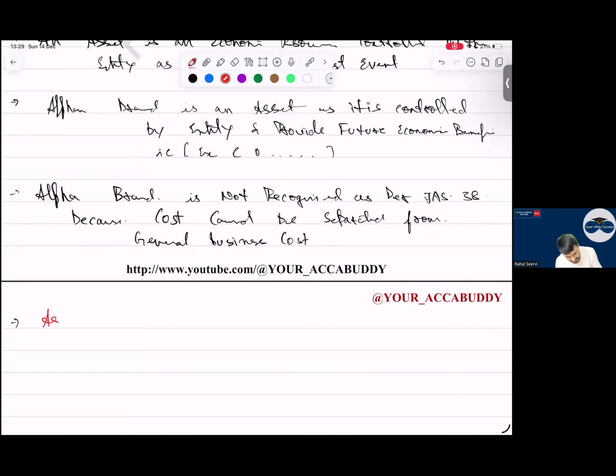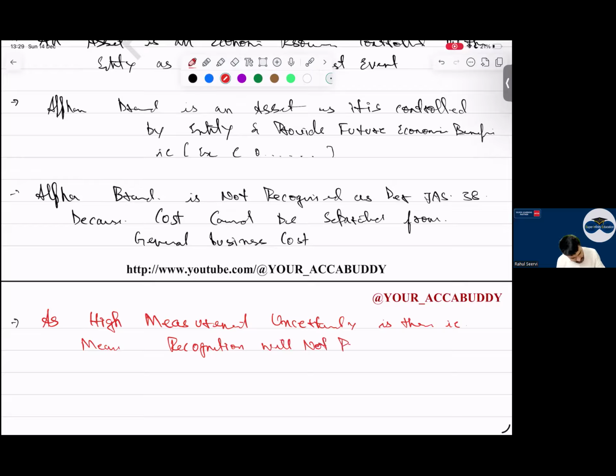Can I say as high measurement uncertainty is that, that means recognition will not provide faithful representation. Yes, ये सबसे important point है.